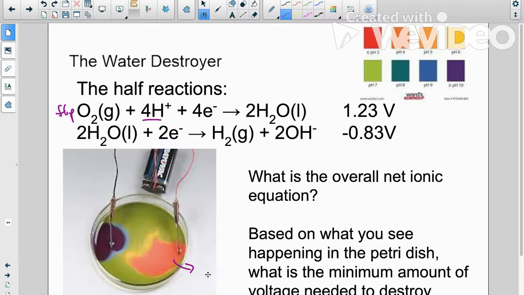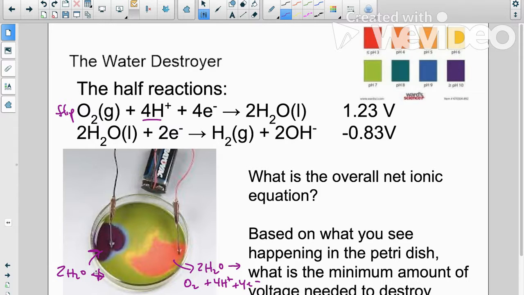So over here, in this reaction, we have our 2H2O, our water, getting destroyed into oxygen plus 4 H plus plus 4 electrons. Okay, that's what's happening here. We're seeing some oxygen gas bubbles, and some hydrogen ion produced, changing the pH. Over here, this is where our water is getting destroyed.